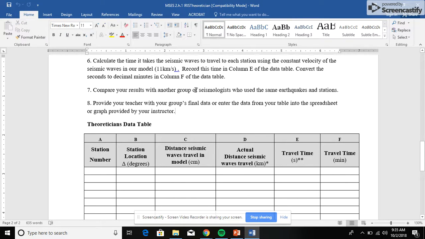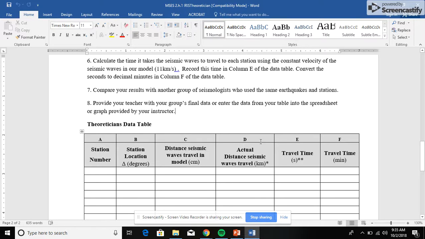The next thing you do is convert that travel time to minutes. How many seconds are in a minute? There's 60. So in order to convert the travel time in seconds to minutes, you divide by 60. You can make a note above column F that you take the answer from column E, divide by 60.